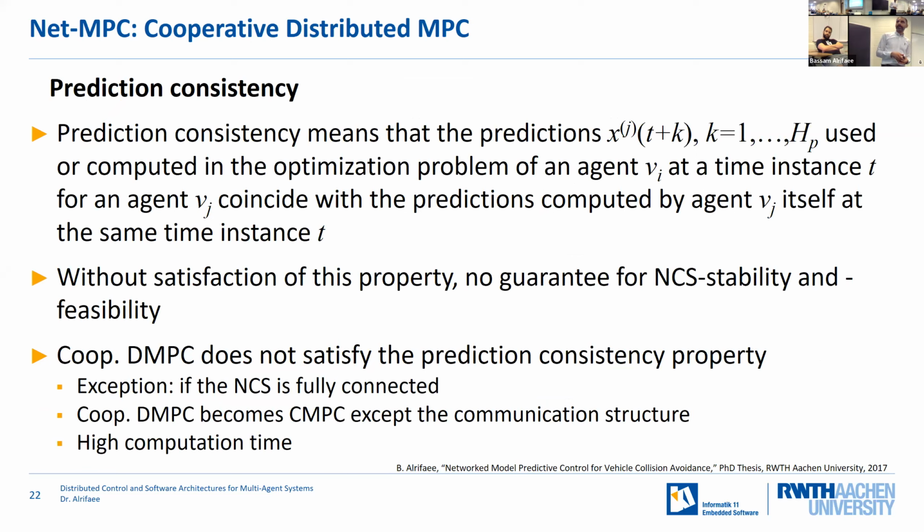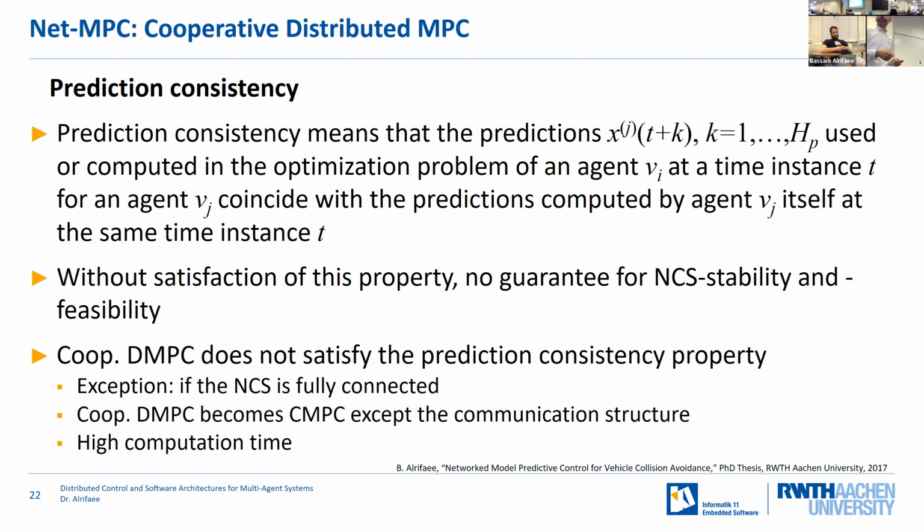The prediction consistency. It means that the predictions used or computed in the optimization problem of an agent i at a time instant t, for an agent j, coincide with the predictions computed by agent j itself at the same time instant. In general words, at a time instant, what I think about you, you think about yourself.